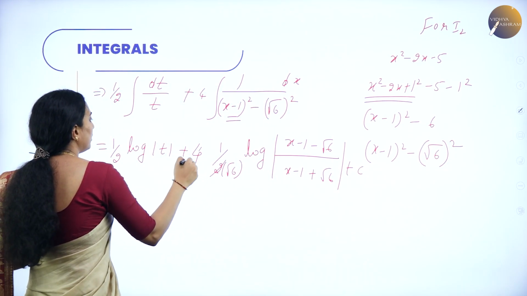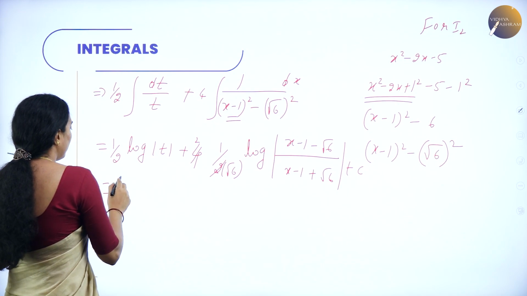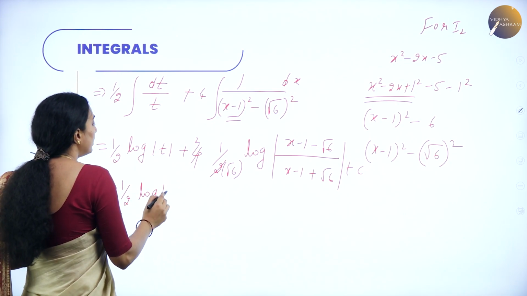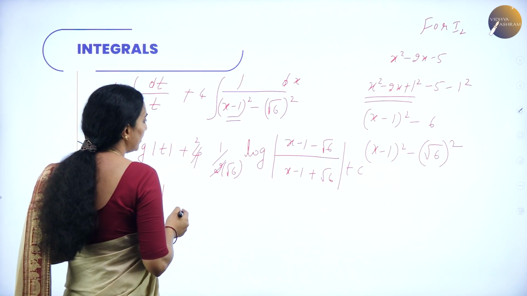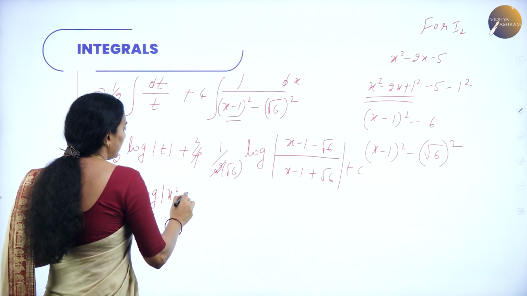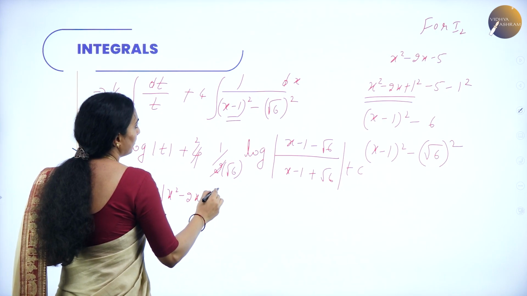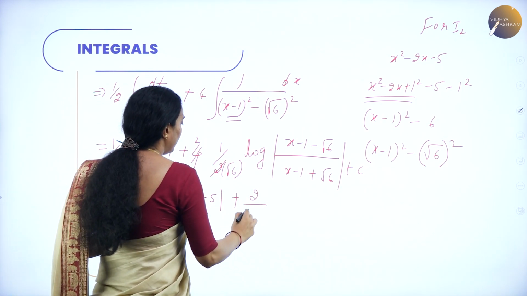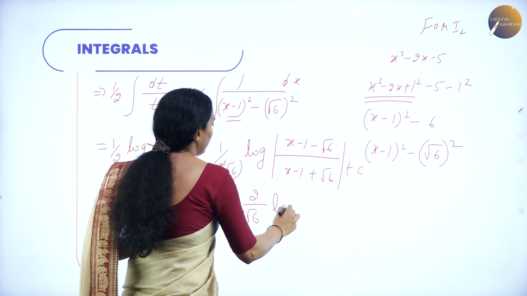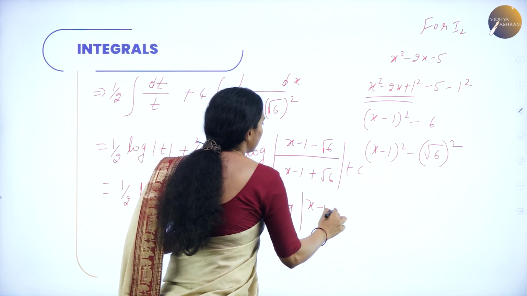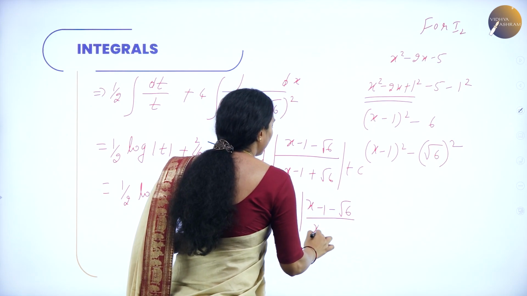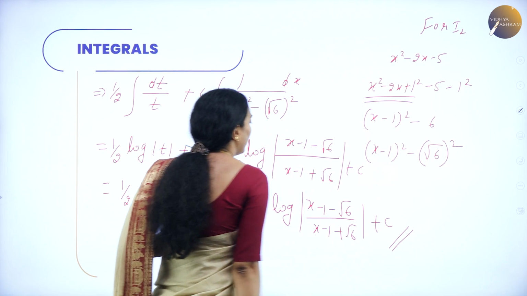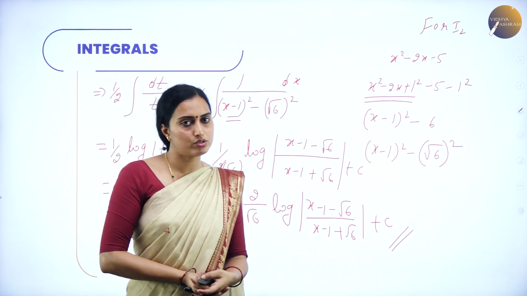Now here the 2 ones are 2, the 2s will become 1 by 2 into log modulus of t, where t is what we substituted, x squared minus 2x minus 5, plus here 2 divided by under the root 6 log of modulus of x minus 1 minus root 6 divided by x minus 1 plus root 6, plus c. I hope you understood this one also.